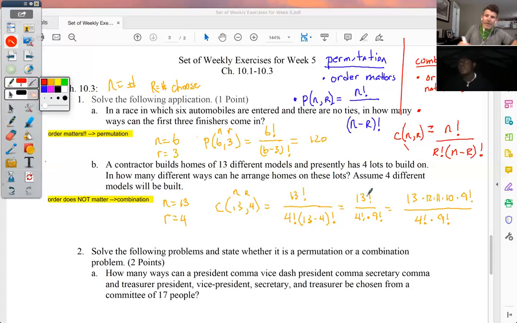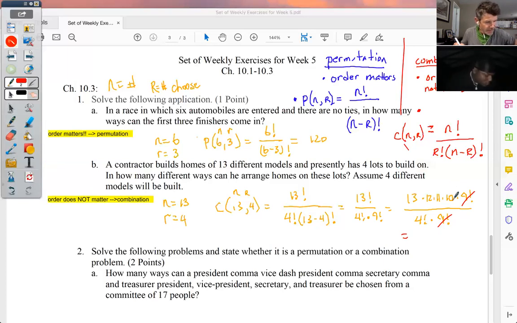All right. When I write this out, you could plug all of this in your calculator at one time and get the answer. You could try that, but I'm just going to show you. So the 9 factorials would cancel, and we're left with 13 times 12 times 11 times 10.